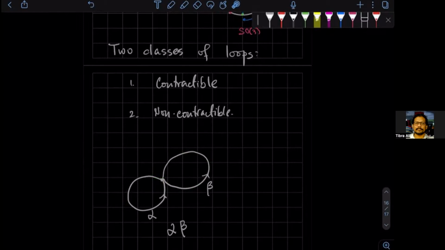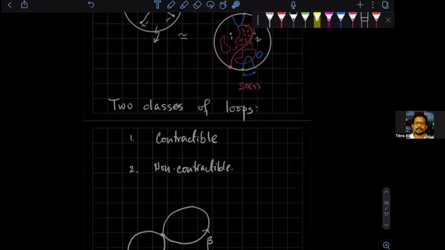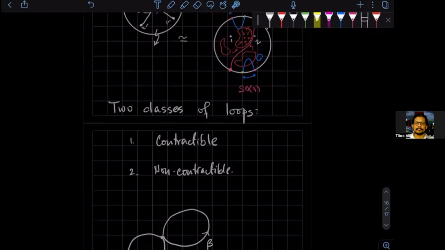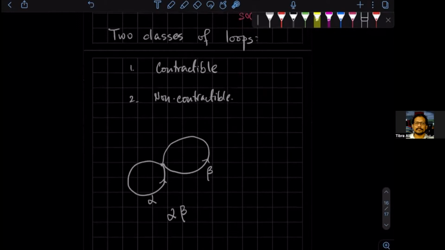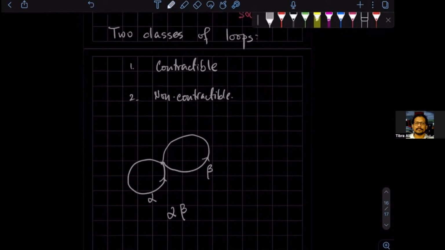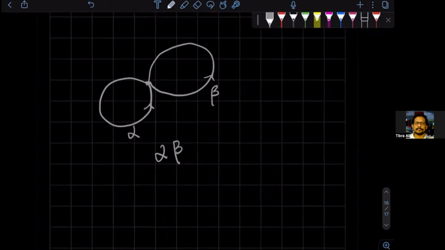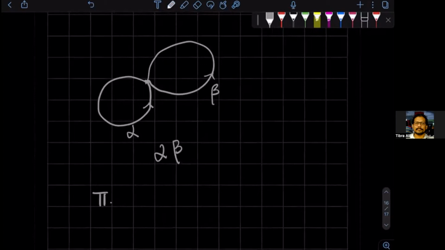And so you can give a group structure to this sort of space of loops on a manifold, and that group is called pi1. It's called the fundamental group, the fundamental homotopy group.